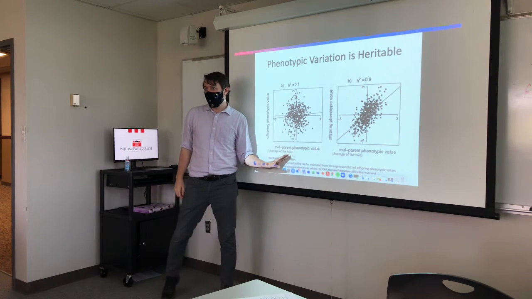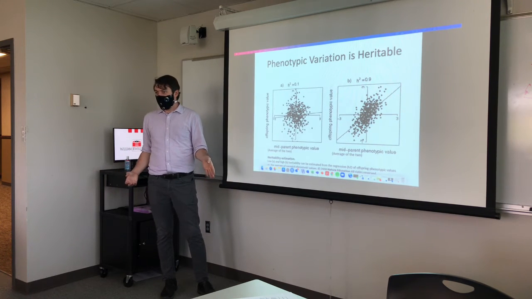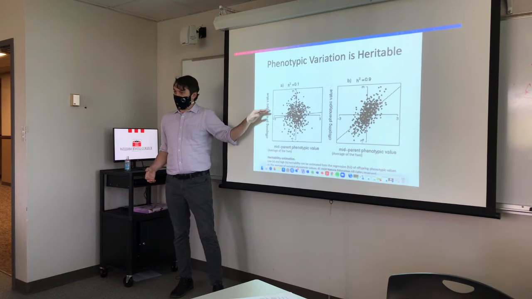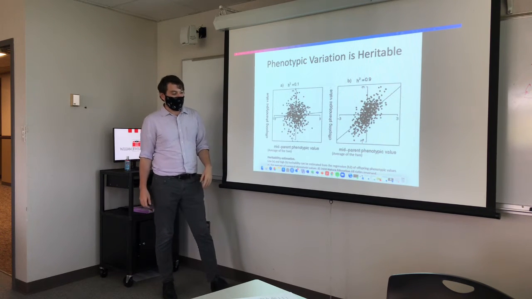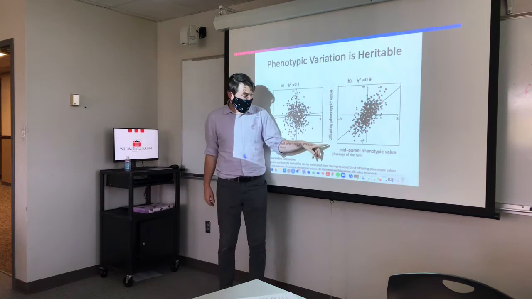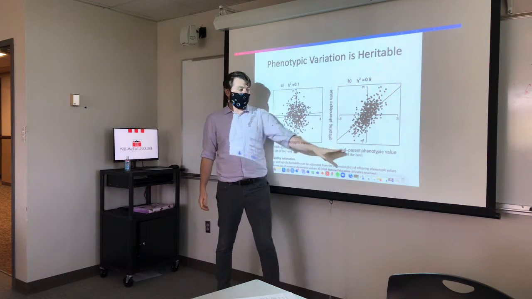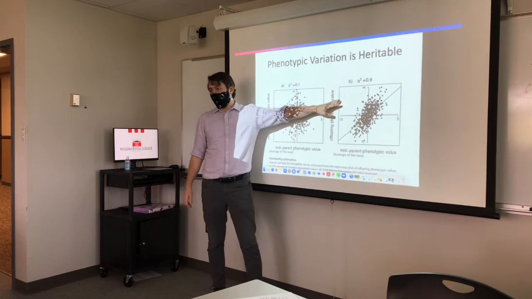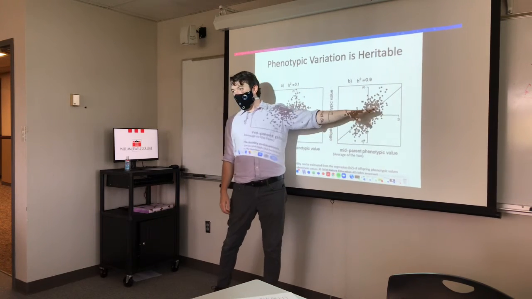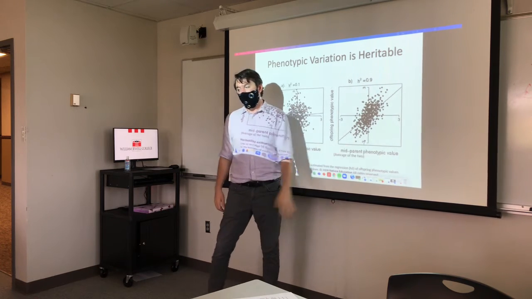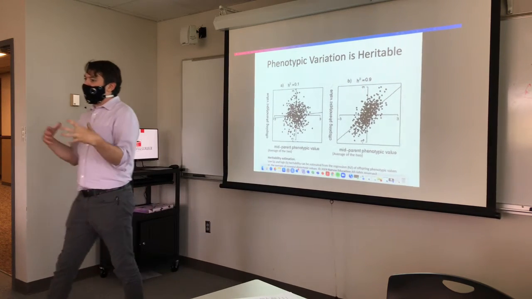If there's low heritability, you should expect a cloud of points comparing mothers to offspring. And if there's high heritability, then you have a better chance of predicting the offspring phenotype from the parent phenotype. So heritability is just the relationship between the parent phenotype and the offspring phenotype. When you have two parents, we often will take the average of the two parents and compare that to the value of the offspring.